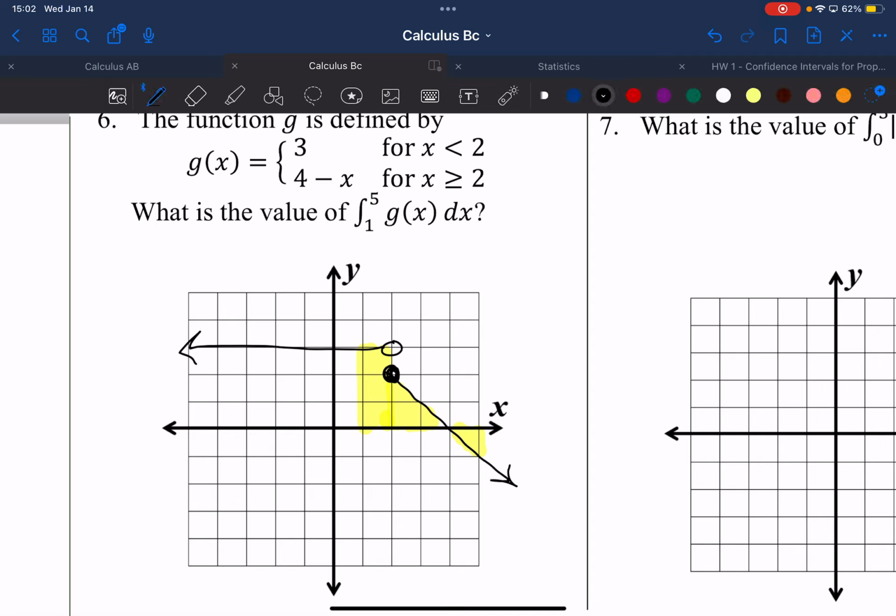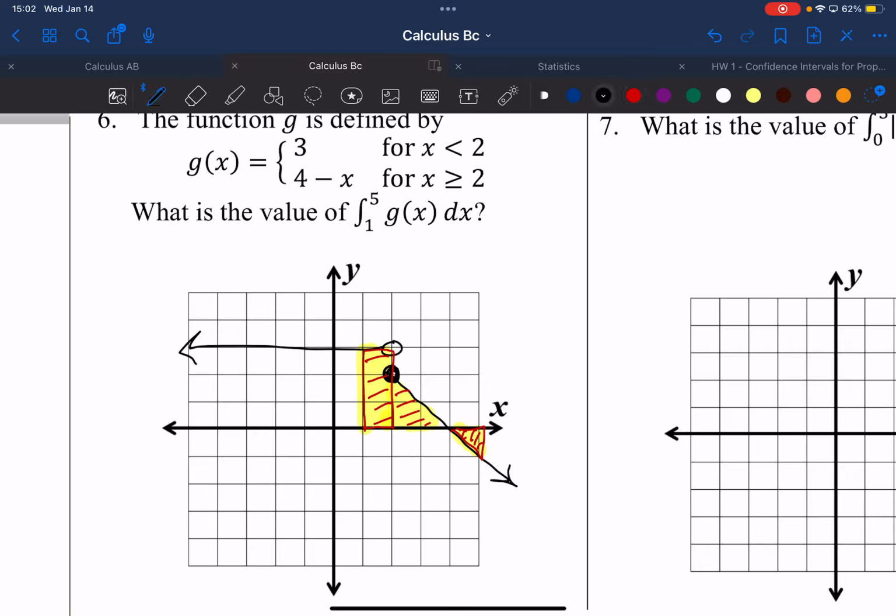So I'm going to be looking at the entire area of this rectangle, this triangle, and this little triangle, and I'm going to add them all together to find my integral.